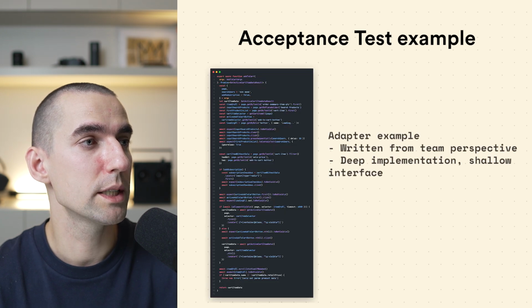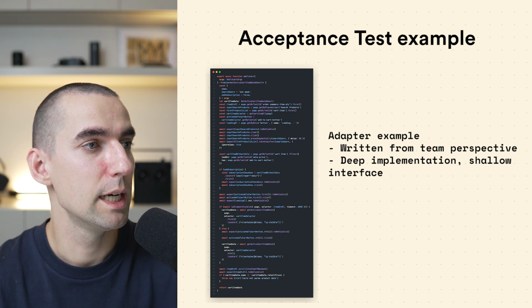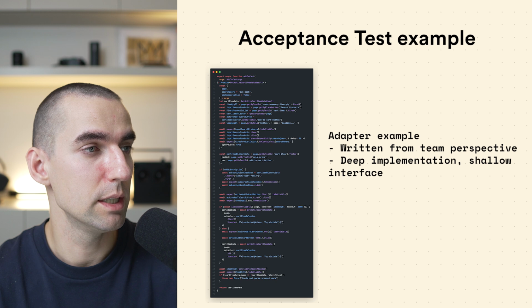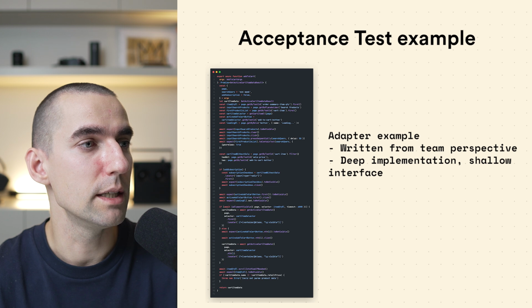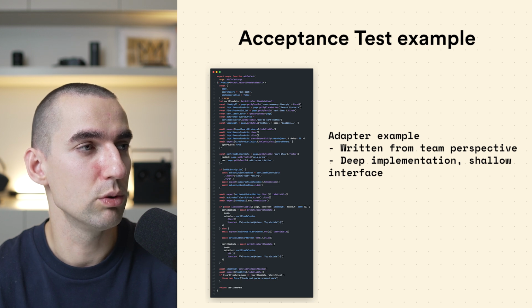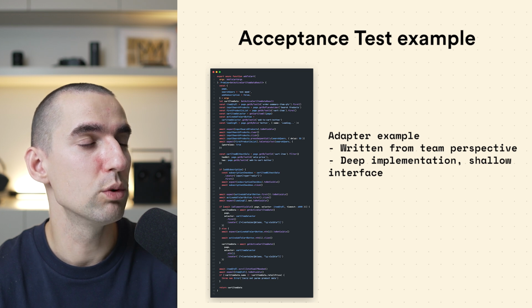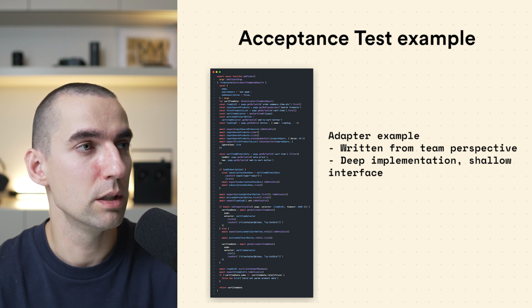But if we go inside add to cart, you will see, oh, this is actually quite a big function. And this is your adapter, and it's written from the team perspective. These are the functions that are written by developers and QA engineers that interact with something on the page. It accounts for search queries, for adding items as a subscription, for adding items with sale or without sale.